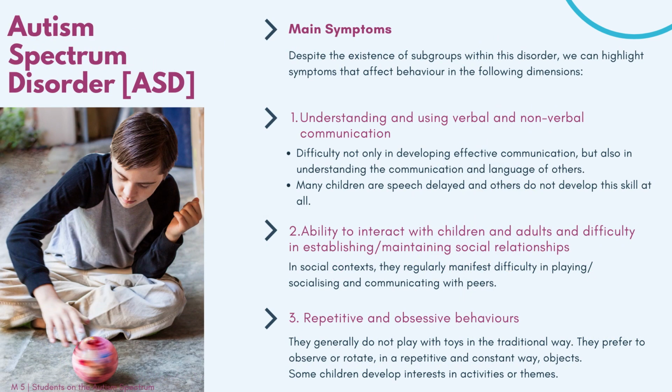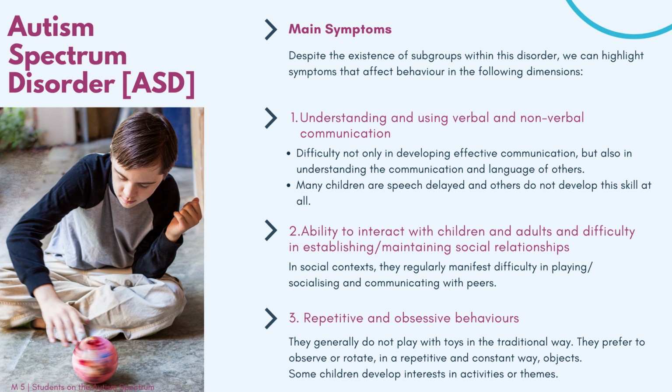Symptoms associated with this disorder. Despite the existence of subgroups within this disorder, we can highlight a triad of symptoms that affect behavior in the following dimensions: understanding and using verbal and nonverbal communication. Many children with this disorder find it difficult not only to communicate effectively, but also to understand the communication and language of others.